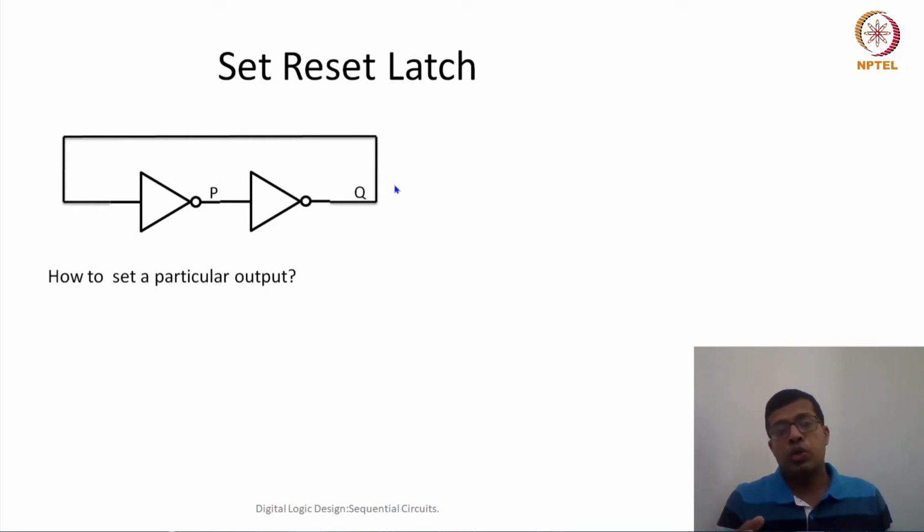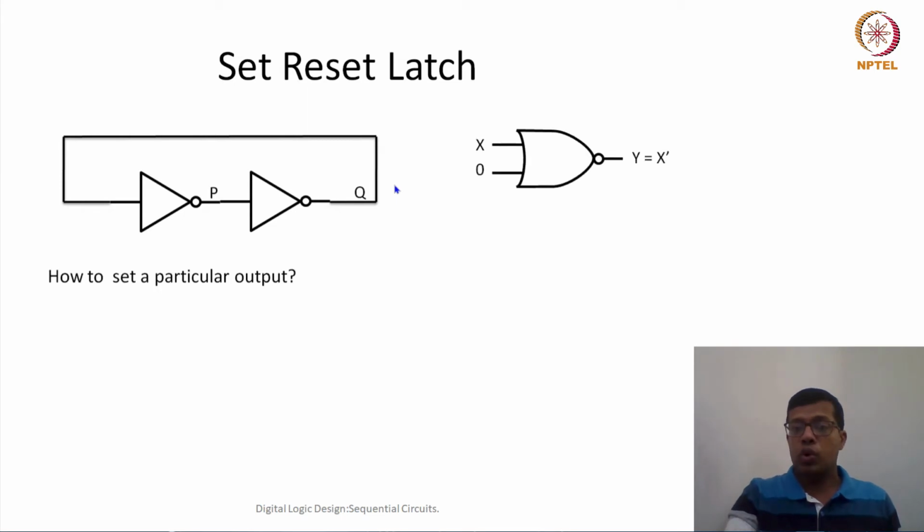To set a particular output, we can remember that our NOR gate and our NAND gate both can work like an inverter if both the inputs are connected. Let's take an example of a NOR gate.